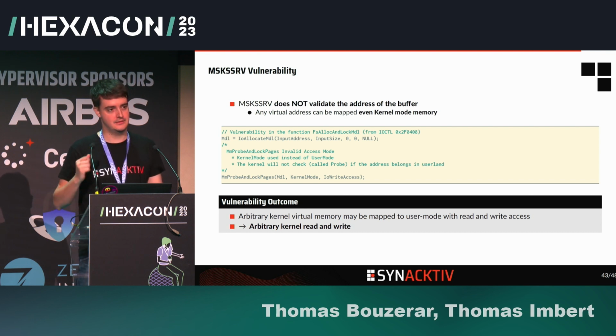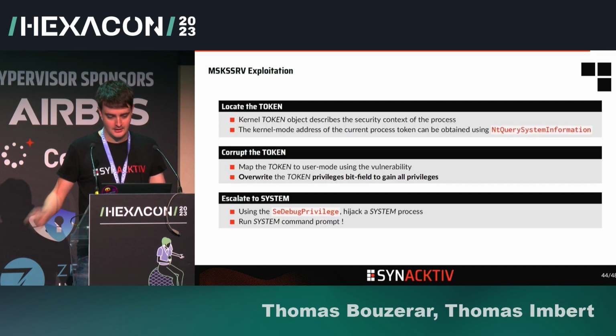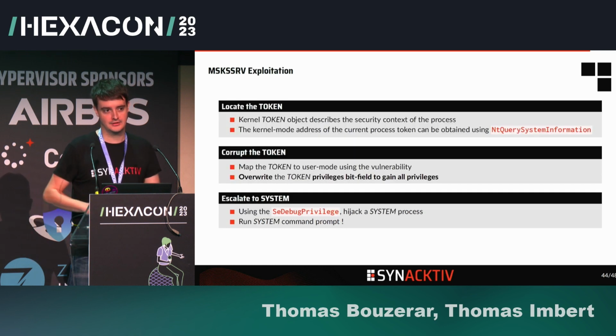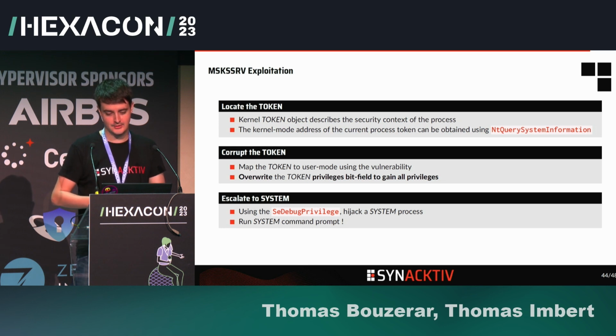But if you specify a virtual address that is not valid, it will crash because it has to be mapped. So we need some KASLR bypass or something like this. Fortunately for us, we are not in the sandbox, and Windows by design also gives you the kernel mode address of an object.